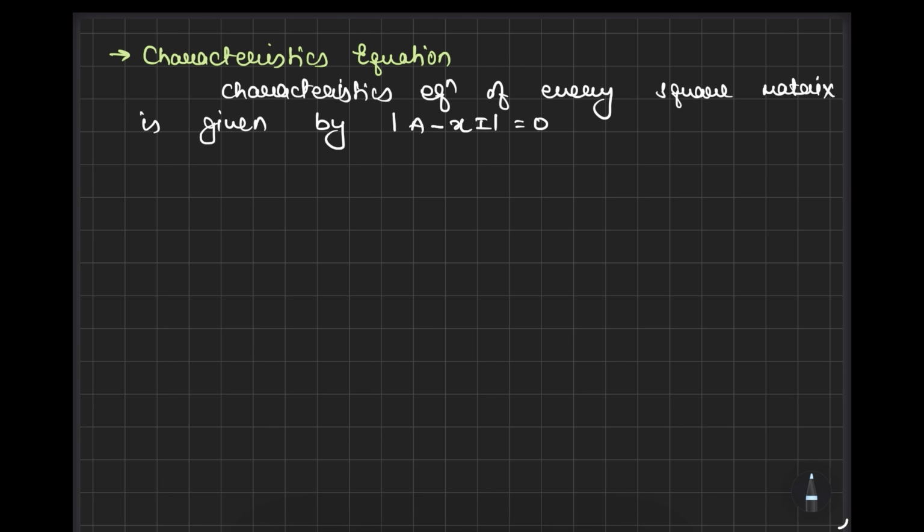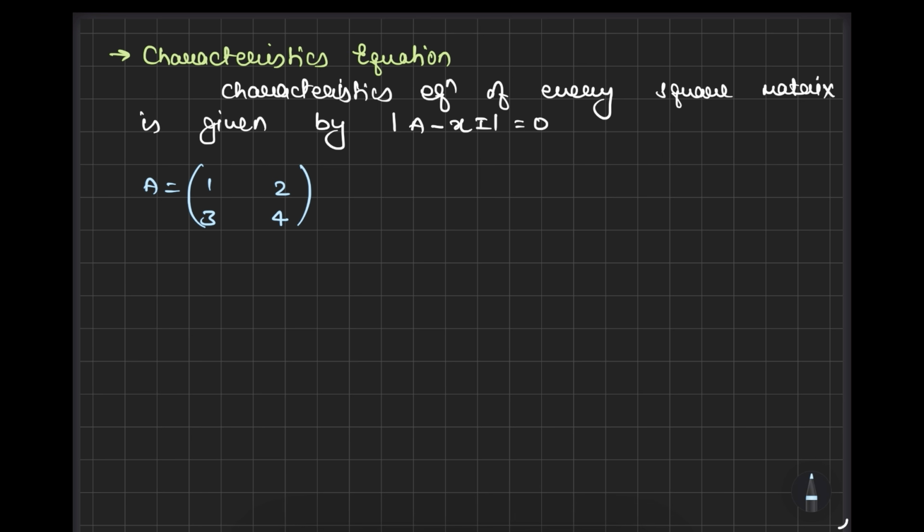Okay, now suppose that you have a matrix A and it is having elements, suppose it is 1 2 3 4. Now try to focus on this part. Just open your mind.